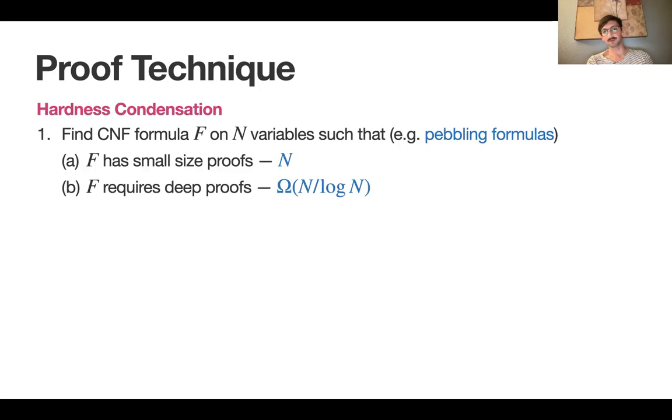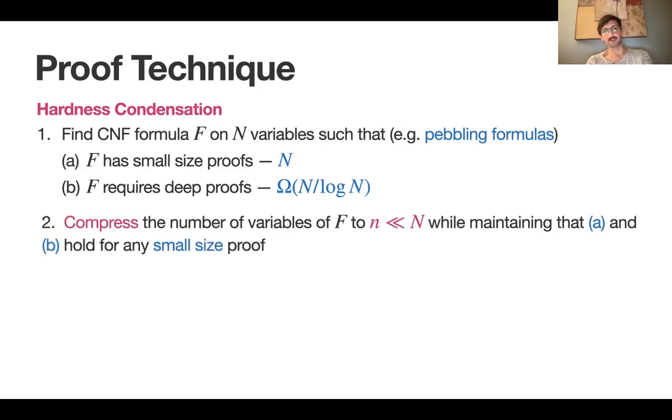These have linear size proofs, but require depth which is like n over log n. And then what we want to do is compress the number of variables of the formula to some little n, which is much less than capital N, while maintaining that both A and B hold, at least for small size proofs.